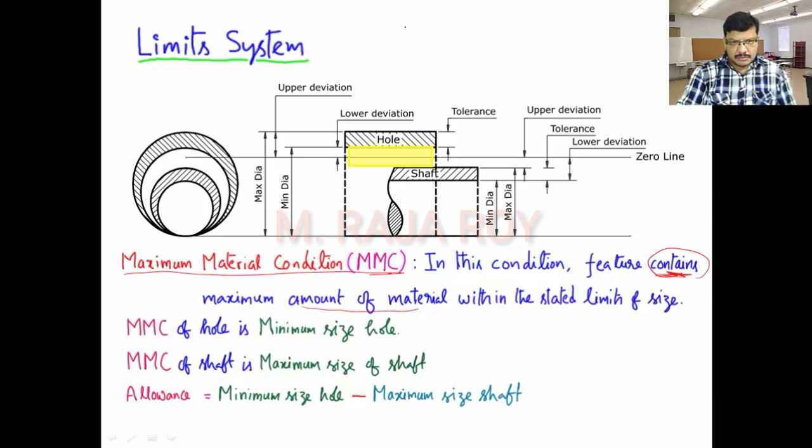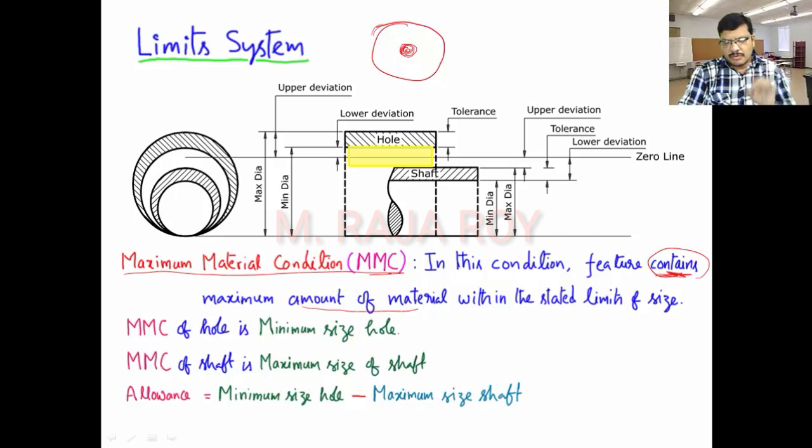Suppose this is a round shaft, a round rod. I want to make a hole. From here I am starting, and I go on increasing the size of the hole, something like this. Now, when the hole is not there, this particular rod contains maximum material.